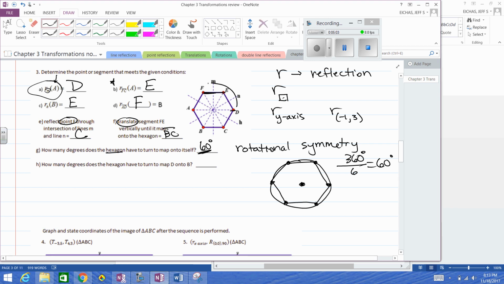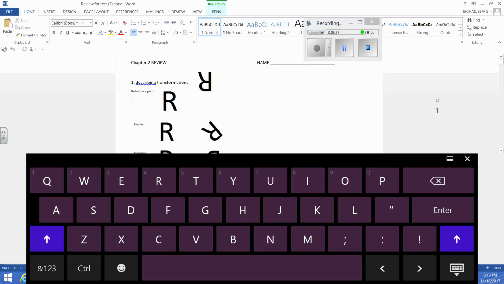We got to follow in this direction, counterclockwise. So technically, there's 1, 2, 3, 4 of those 60s. So that's 240 technically. Or say 240 or negative 120, if we're going in the direction we should. So be real careful of that.